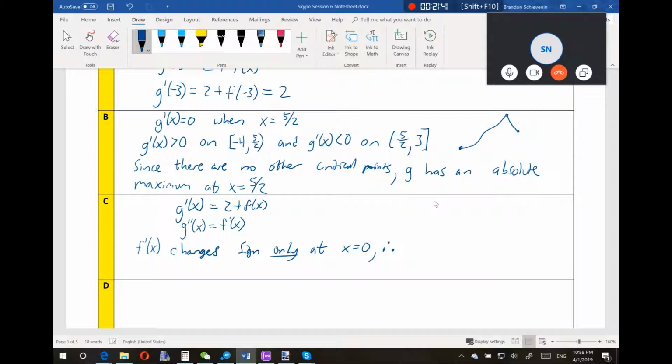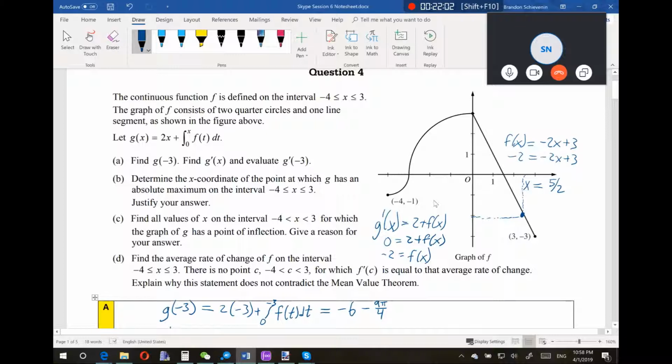Therefore, g has a point of inflection at x equals 0. Awesome. Okay, last one. The average rate of change of f on the interval from -4 to 3.